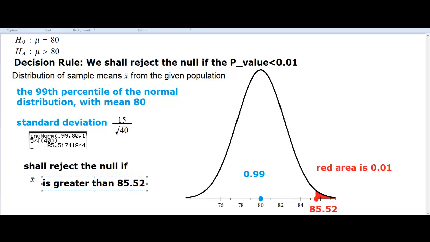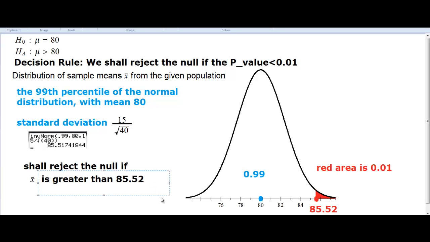Otherwise we will not reject it. Again, we shall reject the null if the sample mean x bar is greater than this value, and not reject it if it's less than this value.